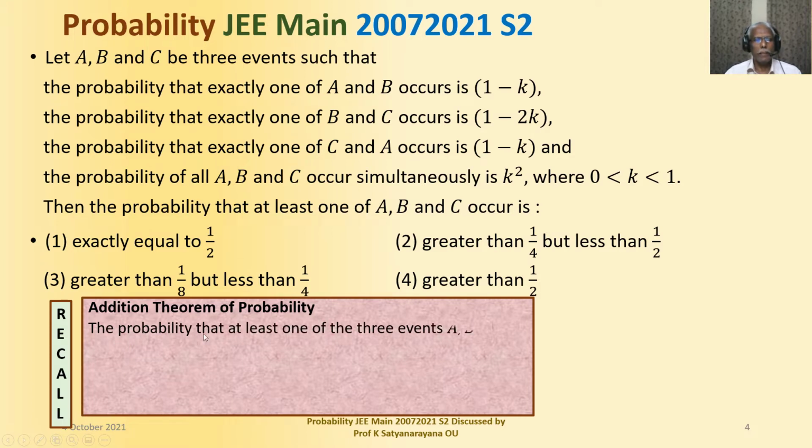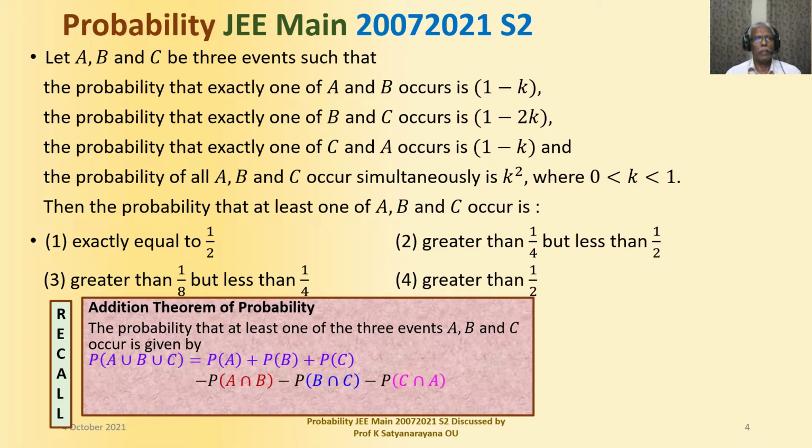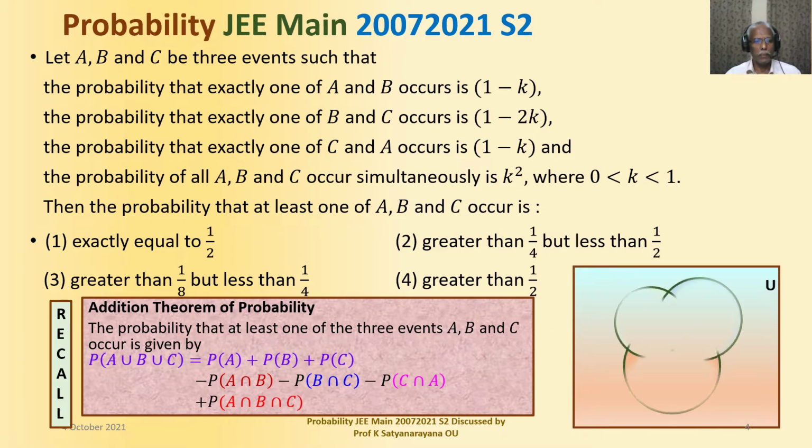The probability that at least one of the three events A, B, and C occurs is given by probability of A union B union C is equal to probability of A plus probability of B plus probability of C minus probability of A intersection B minus probability of B intersection C minus probability of C intersection A plus probability of A intersection B intersection C. And this may be seen through the Venn diagram in the adjoining figure.